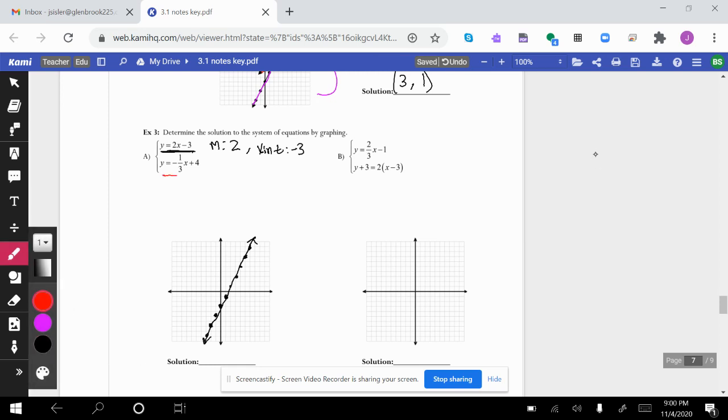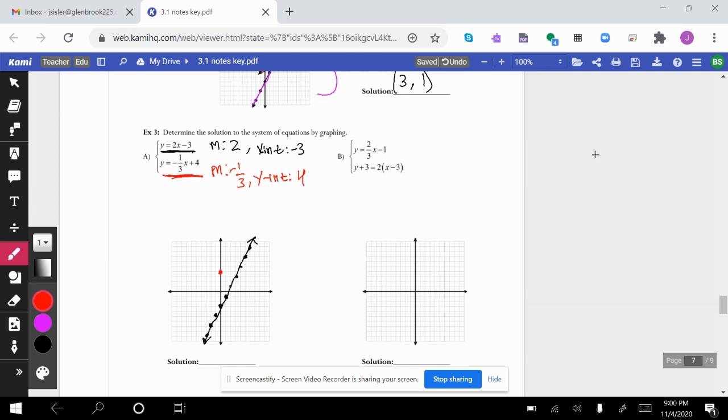And then I'm going to graph my second line. My slope is -1/3. Y-intercept is +4. So 1, 2, 3, 4. And remember, I only need to graph as many points as necessary to get to the point where they intersect.